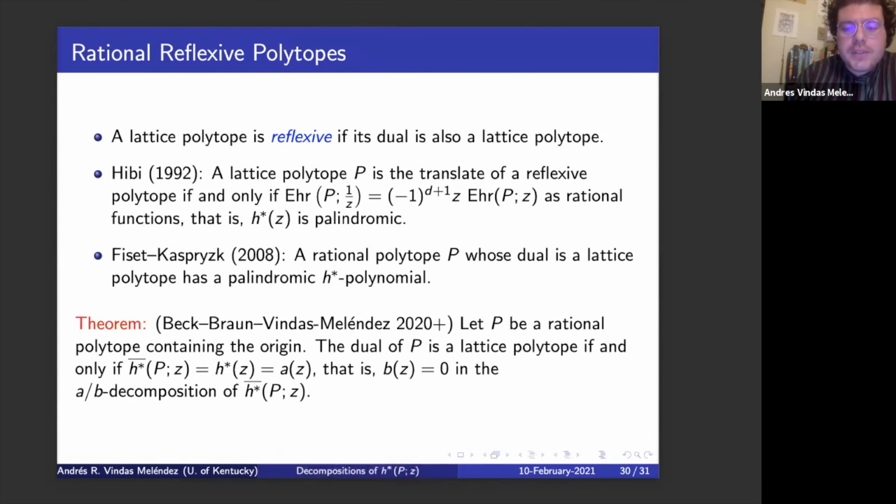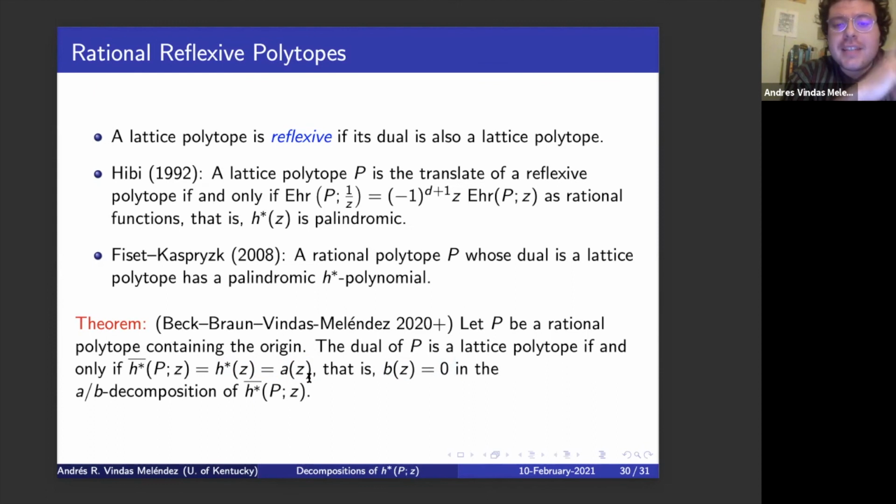And so what did we do? Well, if we have a rational polytope containing the origin, the dual of the polytope is a lattice polytope if and only if, in our H-star bar decomposition, the B polynomial is 0. In other words, the H-star polynomial is just equal to the A polynomial in the AB decomposition. And so in my very, very first example of the rectangle, I showed you that one has a palindromic H-star polynomial.